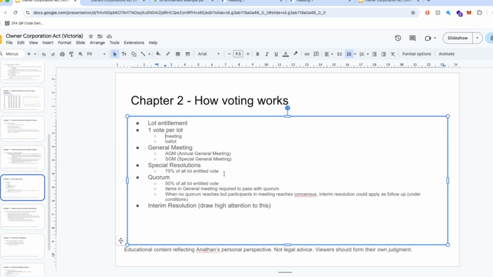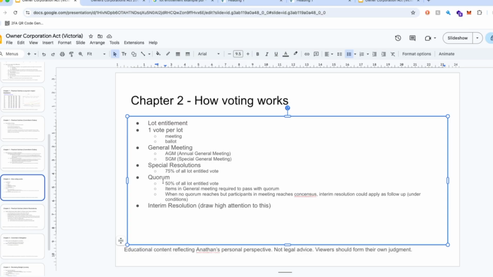Think of a bad act going ahead with an unauthorized legal proceeding. That could be quite damaging to the OC. The financial side is always one thing, but the second part is also the reputational side.